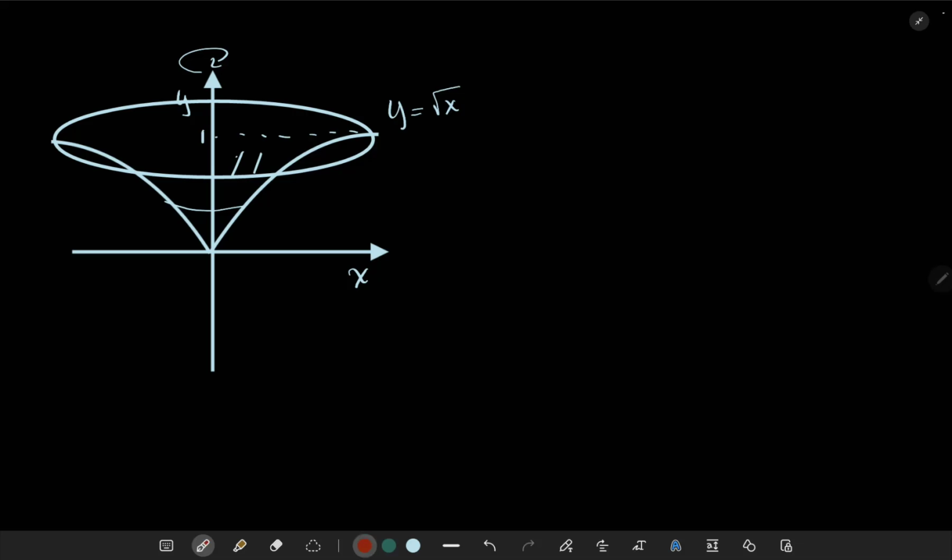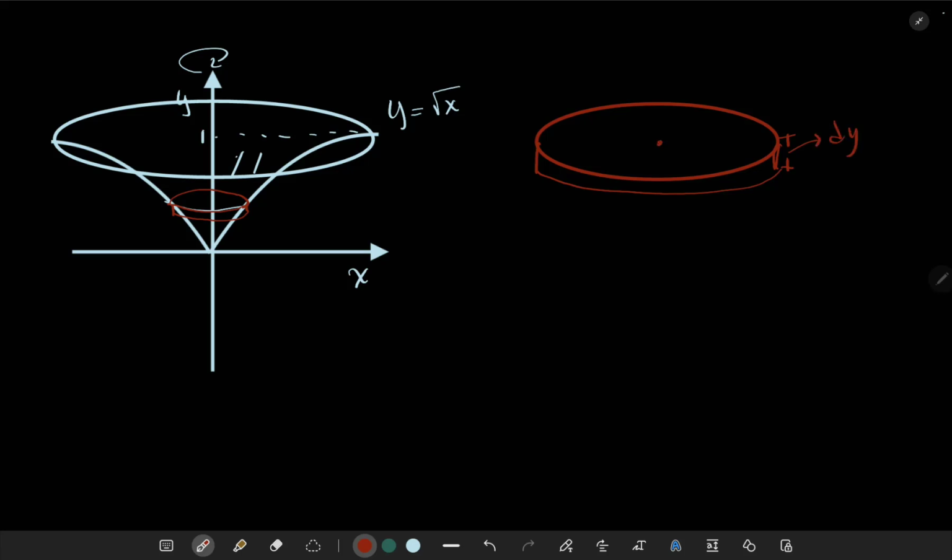So if you grab one disk here, like so, I'm going to grab it and zoom. The thickness of that disk is in the y axis, so this is going to be a dy. We hadn't done one of those, had we?